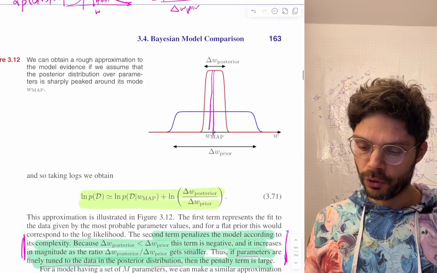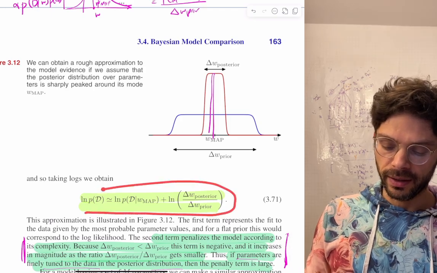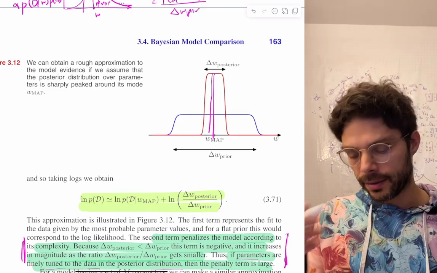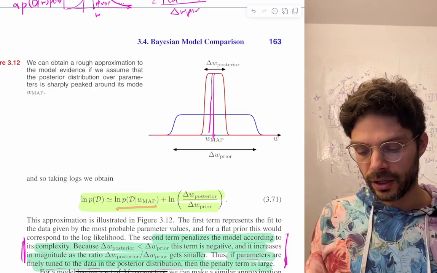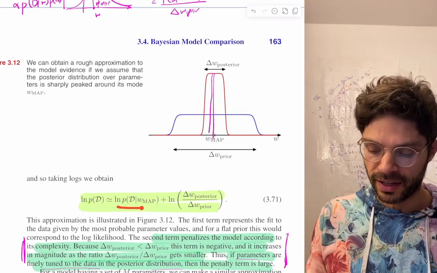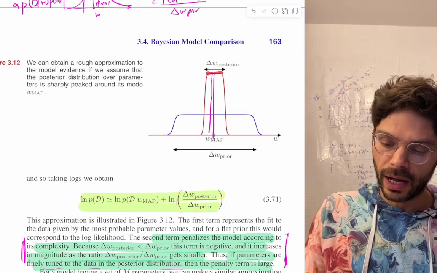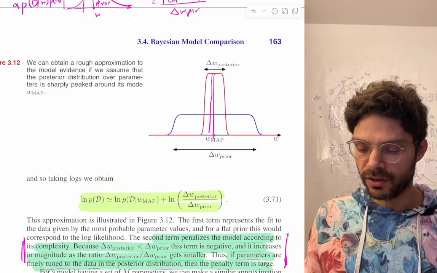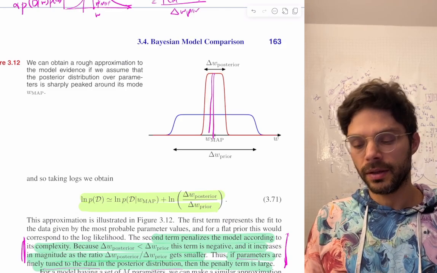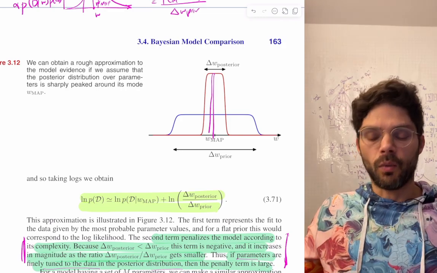There are a couple of cool pictures here. For example, we saw that the probability of the data given a model is equal to how well a particular data set is explained by the parameters of that model. So that's the goodness of fit term. But then there's this ratio of how tight the posterior is relative to the prior, and this term tends to penalize the more complex models, because more complex models will have a wider prior.